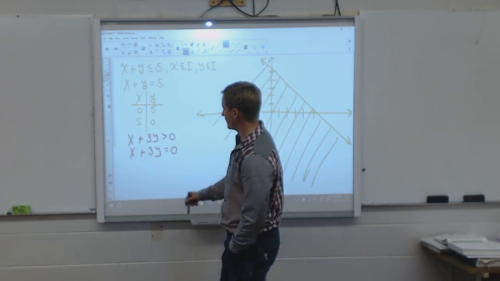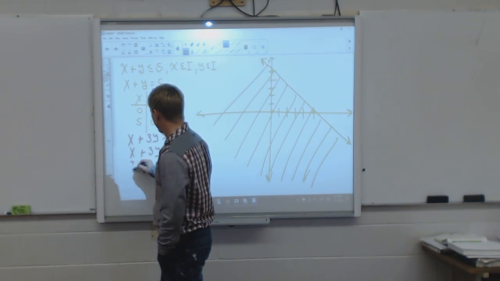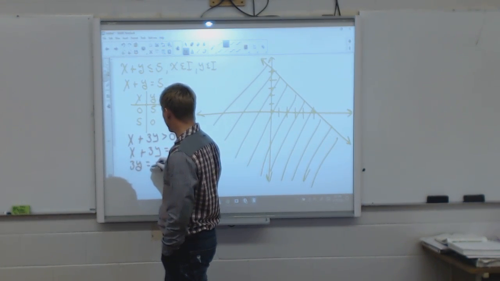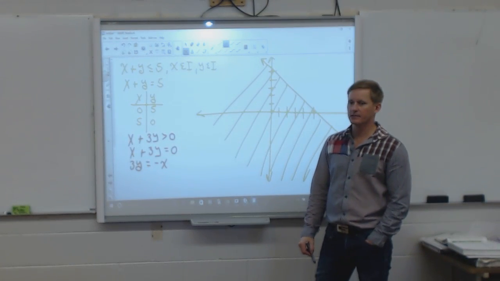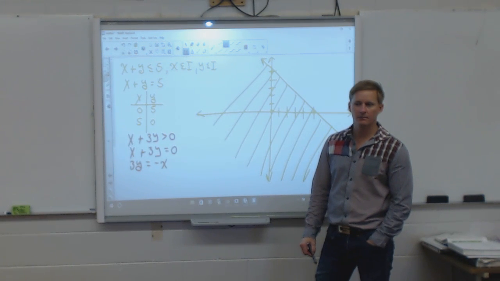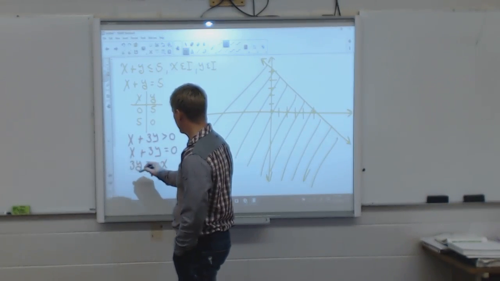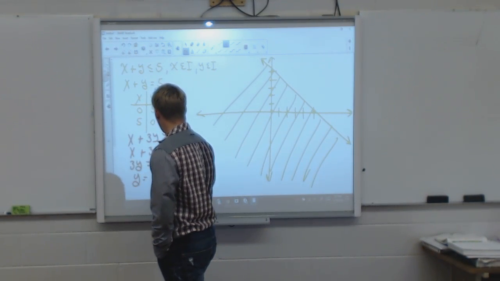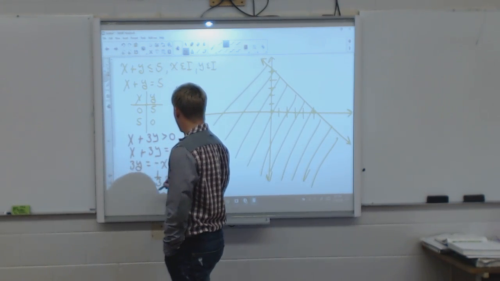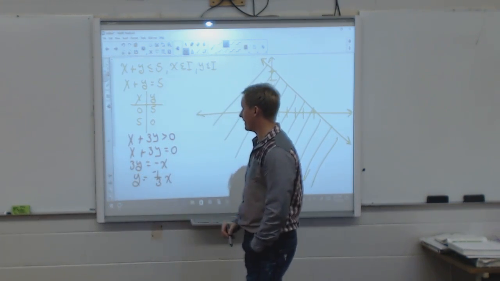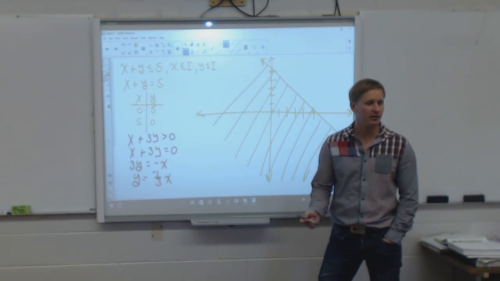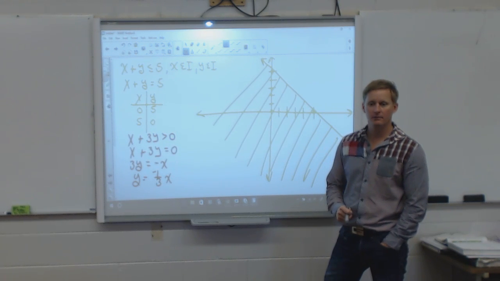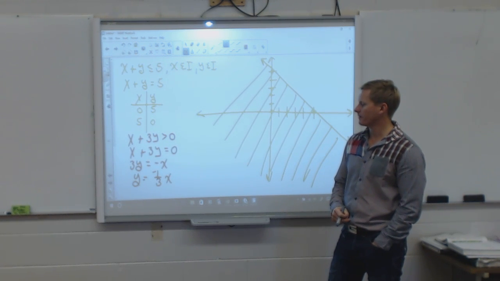Okay, y equals mx plus b, so let's get the y by itself, so 3y is equal to minus x plus 0, right? Subtract x. What do I have to do next? Divide by 3. Y is equal to negative 1/3 x. Okay, so if I divide by 3 or times by 1/3, it means the same thing, right? So that's what I have.